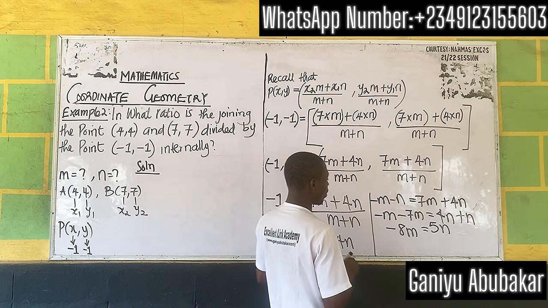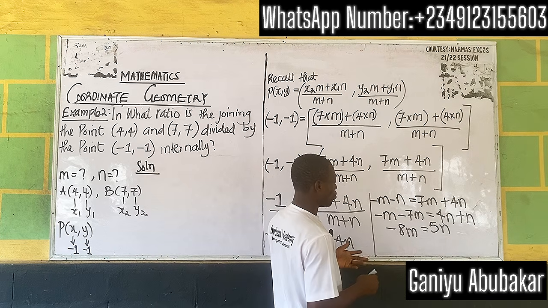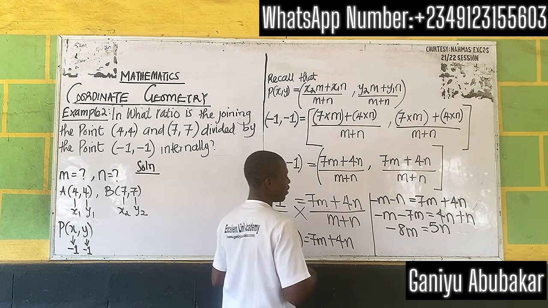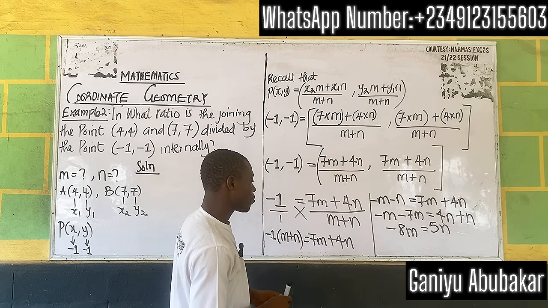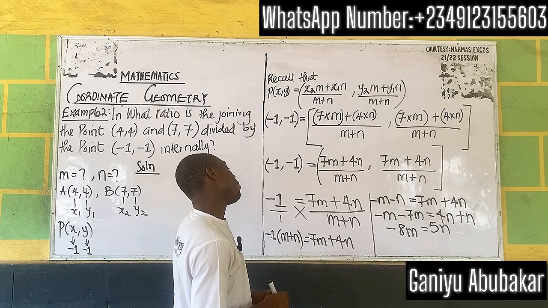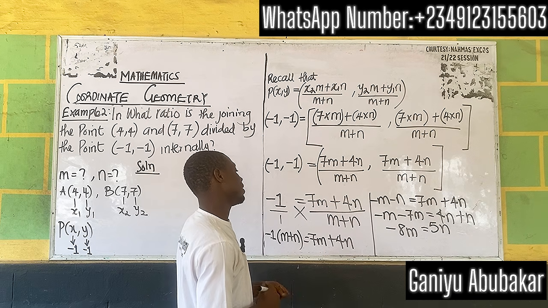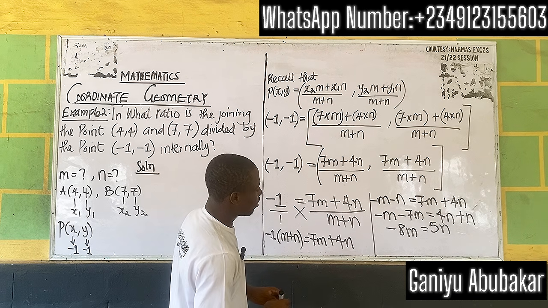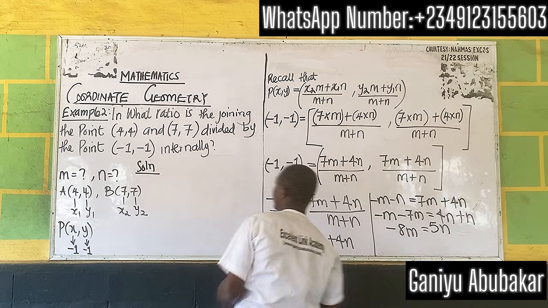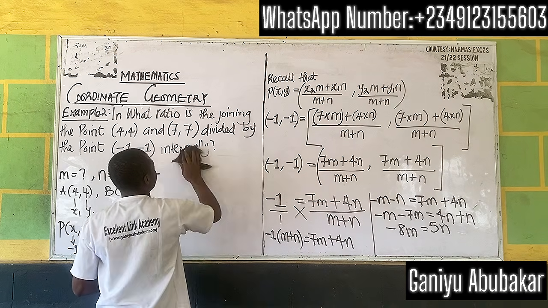My next task now is to observe that I want to get a ratio of m and n, right? So if I divide both sides by -8, from here let's get m and n.